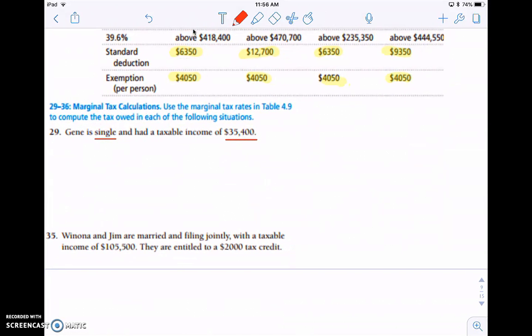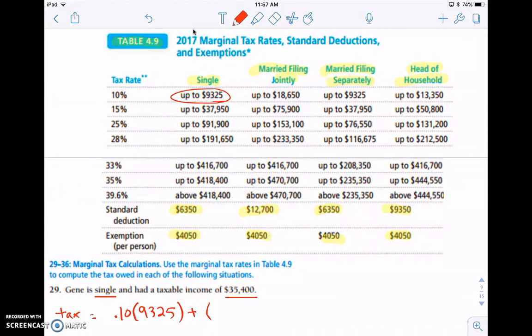So the taxes you owe are first 10% of $9,325. But we made $35,400, so we have to go to the next bracket because it's bigger than $9,325. So we say plus, and this next bracket peaks out at $37,950.